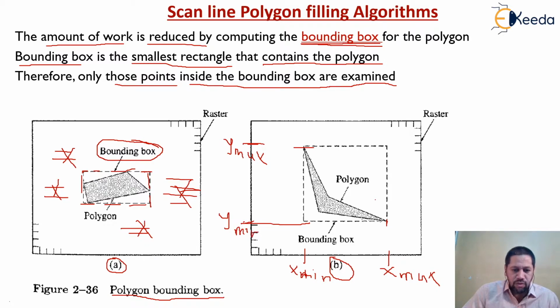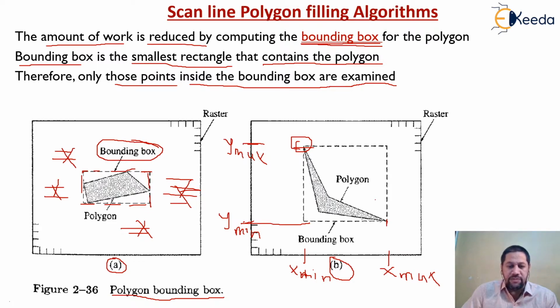Now why should we get y max, y minimum, x minimum, x maximum values? Because using these I can draw this rectangle. If I want to draw the rectangle, I have to give these 4 points. If I use the rectangle function in my C program, I have to give the left top value to draw the rectangle.